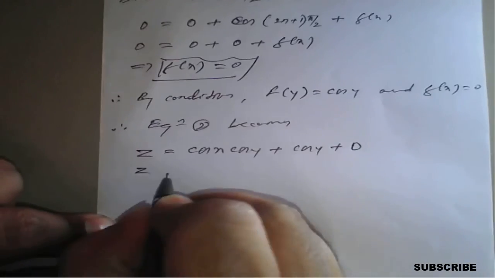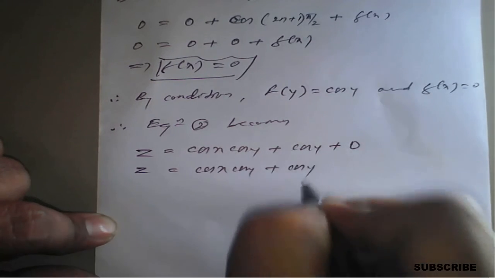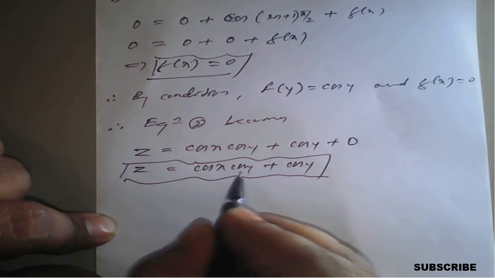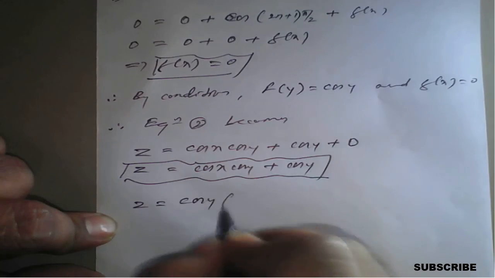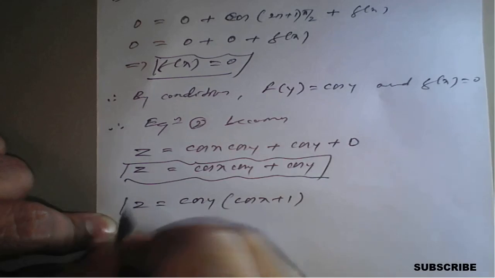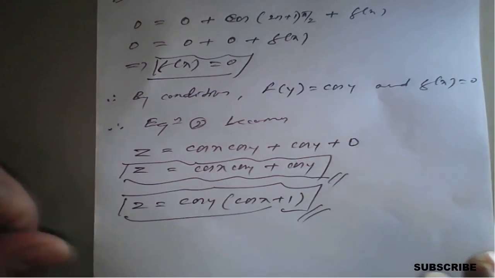Therefore z is equal to cos x cos y plus cos y. This is the answer, or else you can take cos y common, z is equal to cos y times cos x plus 1. Either this answer or this answer.